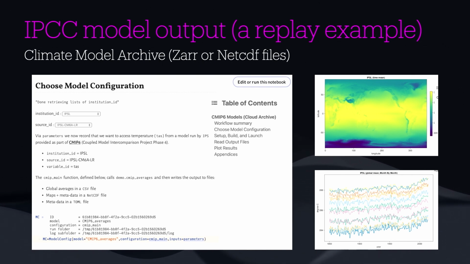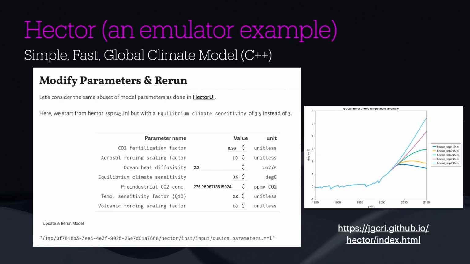So this is an example from the Climate Model Archive. I have built this sort of thing for various models in different languages. Here is an example of a fast emulator of a big climate model. This one is called Hector. That's been created in C++ and sort of trained on the big models.